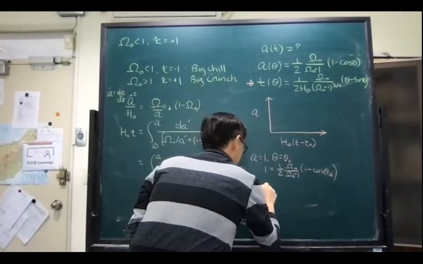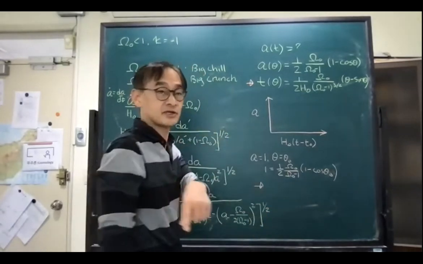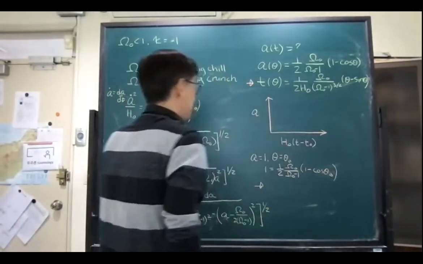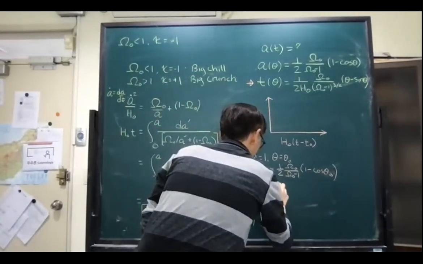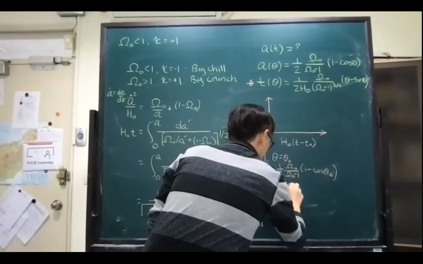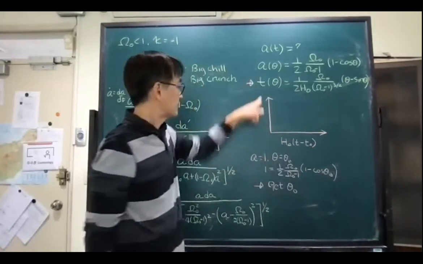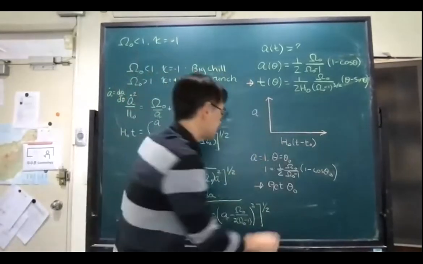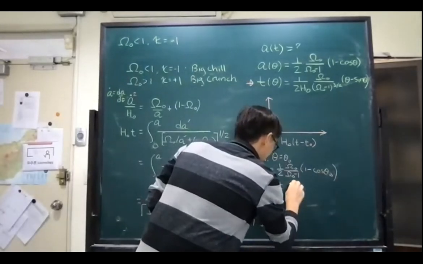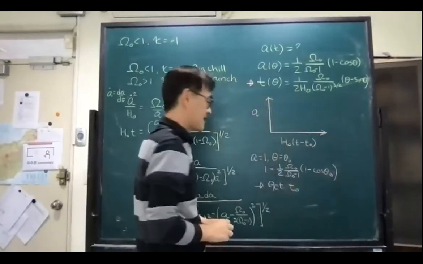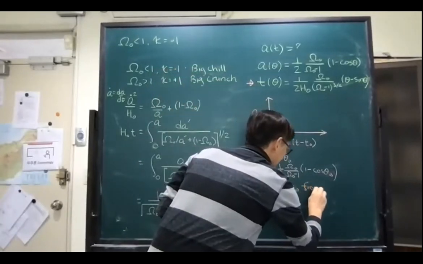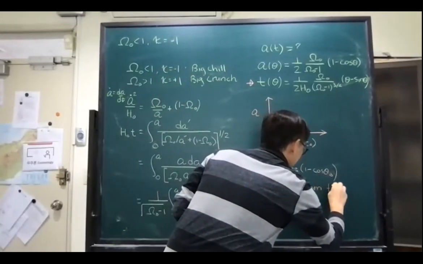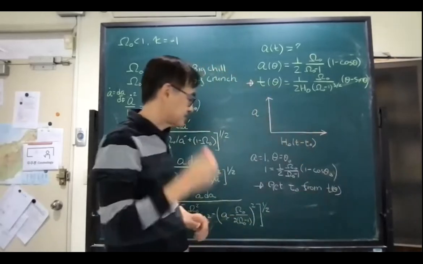From there, it's in my lecture notes. I won't repeat. So you get theta 0 from this equation. I'm sorry, t0. From t theta.